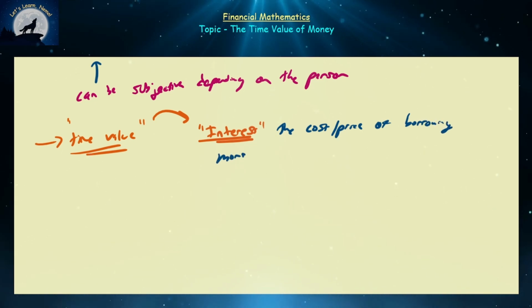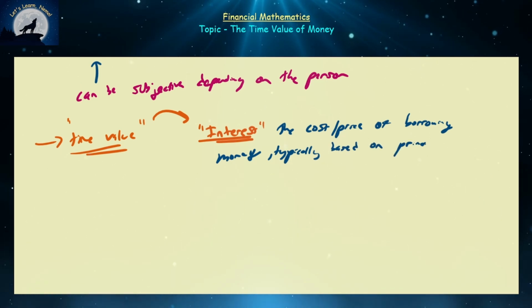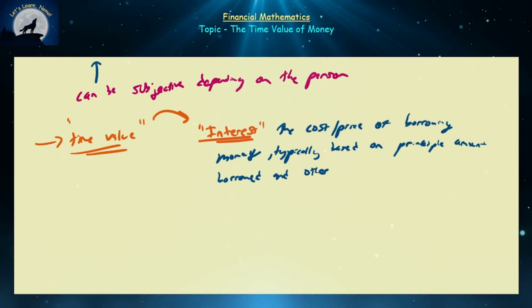The cost or price of borrowing money. And this is typically based on the principal amount borrowed and other factors such as inflation, such as the weather, such as, do you plan to buy things over the span of the life of that loan, or what have you, right?